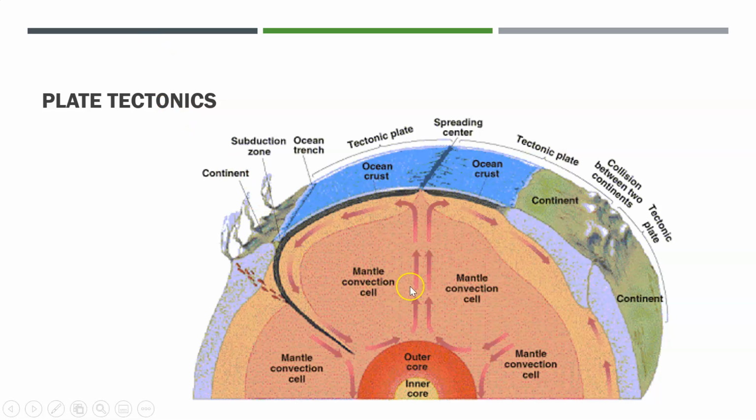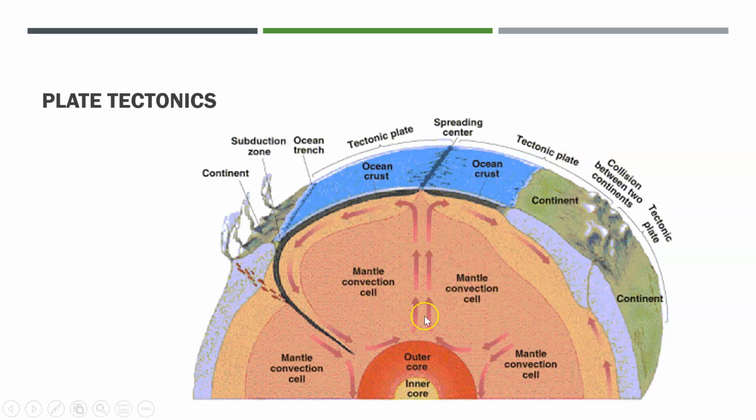So within that mantle, we have what's called the convection cell, and this is the rising of warm mantle, which is less dense, which rises to the surface, cools, and falls back down. Now, when I say cools, I don't mean it's cold. It's all really hot, so it's more hot and less hot types of magma.